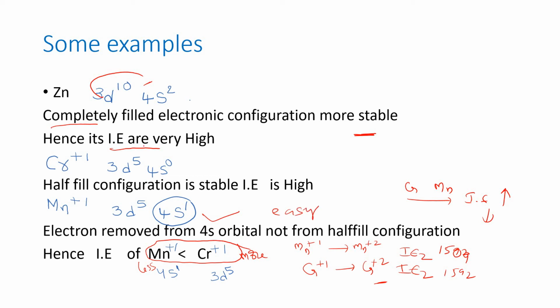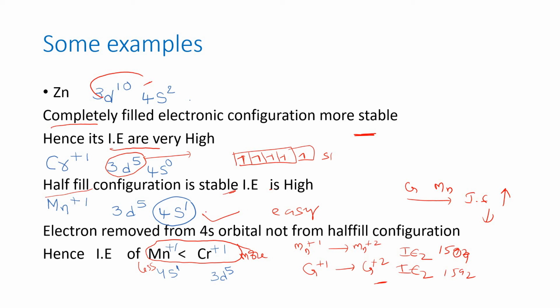And for chromium, which electron are we removing? 3d5, which is a half-filled configuration, highly stable, so it requires high ionization energy.